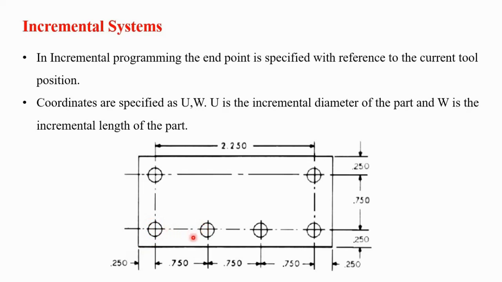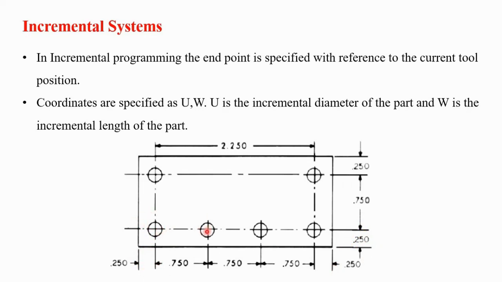For example, we can see here, suppose this is point A whose coordinates are 0.25 along Z, and along X it is also 0.25. So 0.25, 0.25 are the coordinates of the first point.